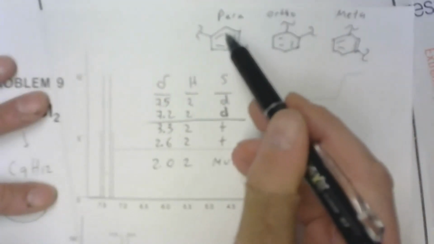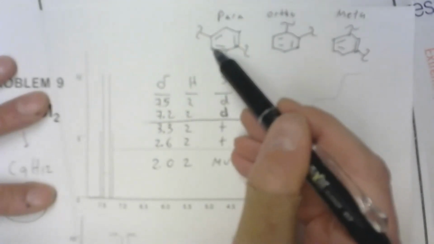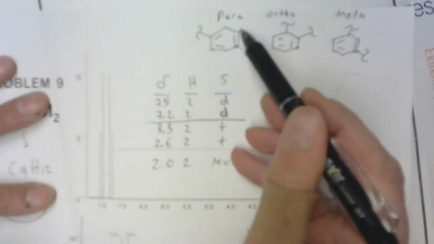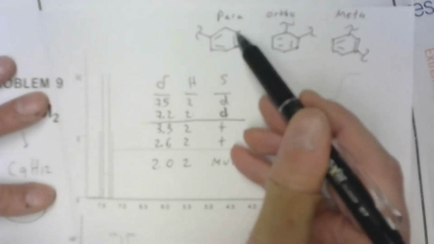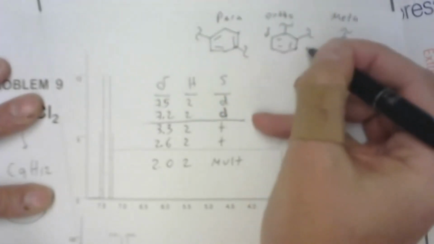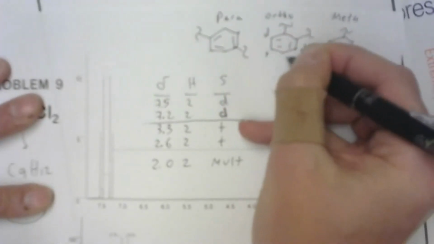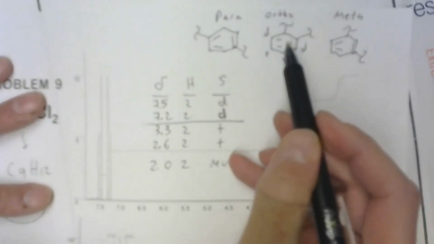Like para, you've got a pair of symmetric protons, and they'd be doublets because they're next to another pair of protons. So it's almost like 2 doublets, a doublet and another doublet, and they're symmetrical. Here for ortho, you'd expect doublet, doublet, triplet, triplet, right? A doublet, 2 triplets, and a doublet.